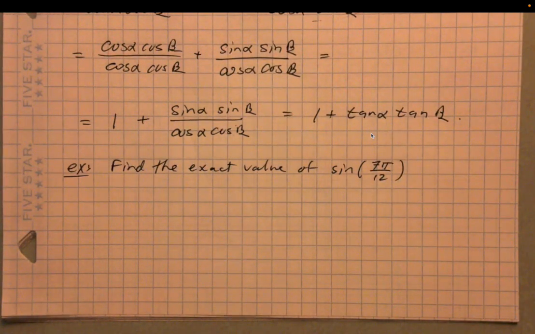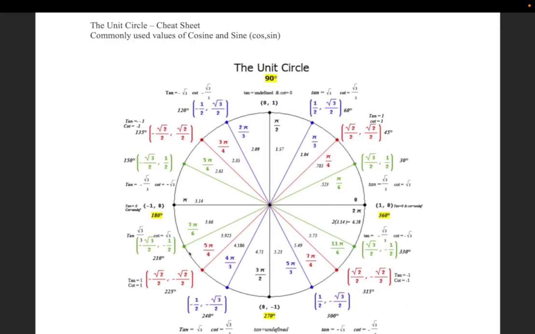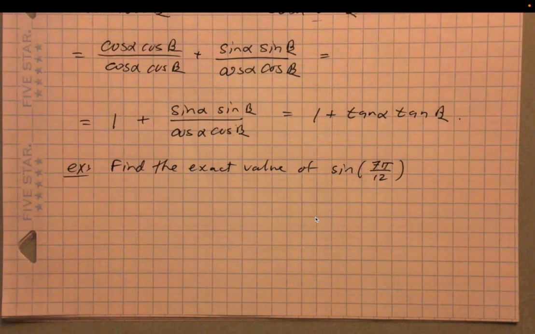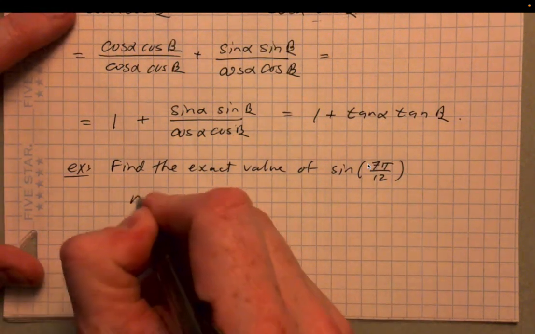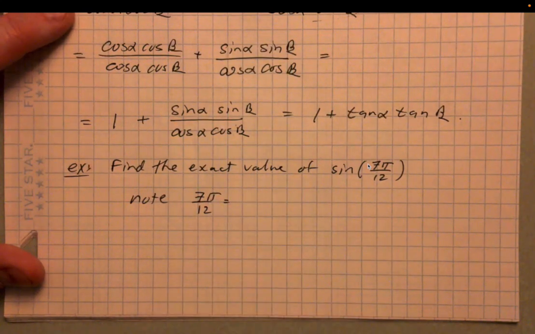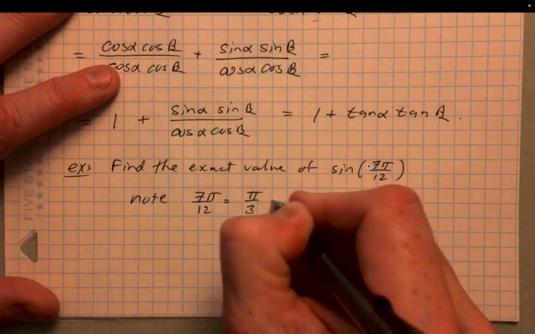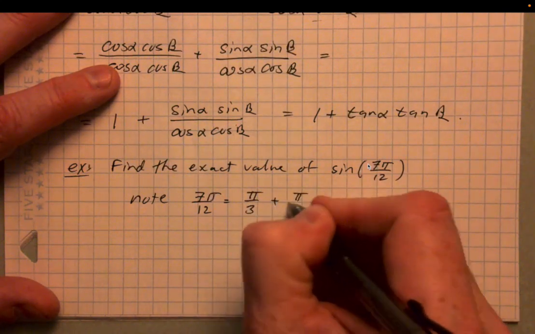Okay, so 7 pi over 12 is not on the unit circle. We've got 7 pi over 4. We don't have a 7 pi over 12. 7 pi over 6. Definitely don't have a 7 pi over 12. So how can we figure this out? Well, we're going to use the same trick. We're going to note that 7 pi over 12 is equal to pi over 3 plus pi over 4.